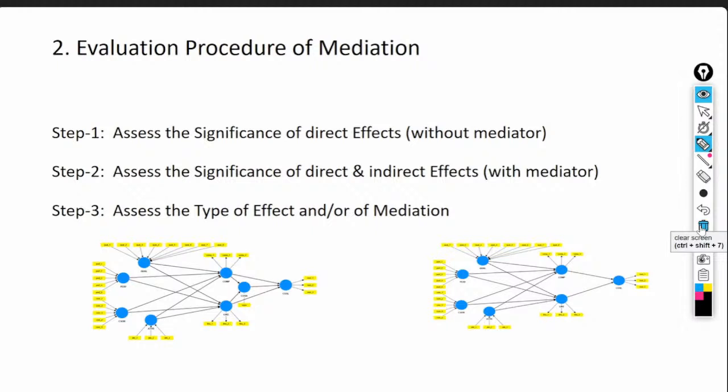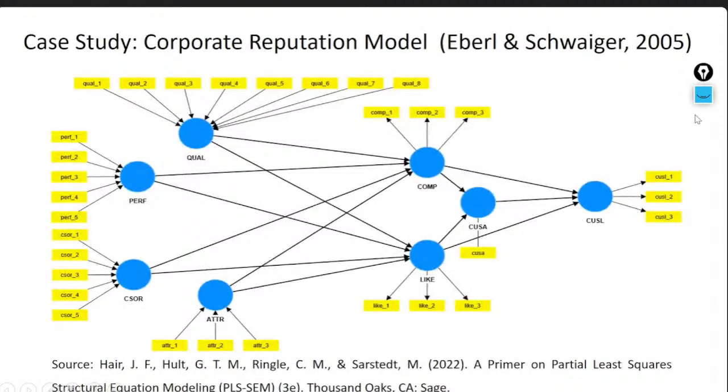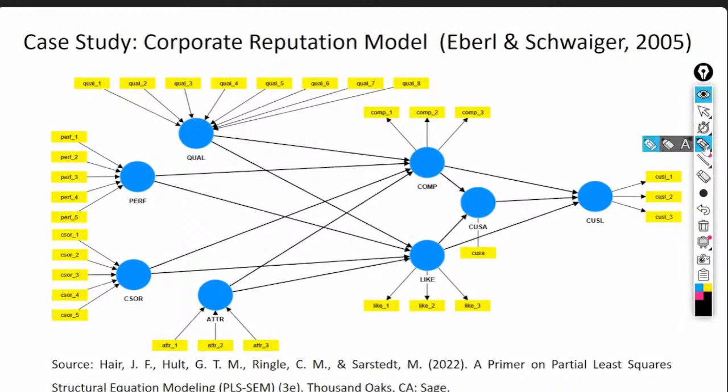Okay. Now the third, the analysis of mediation. This is my model, the corporate reputation model. In the corporate reputation model, this is competence, our independent variable, and customer loyalty, the dependent variable. So first of all, we will check whether the independent and dependent variable relationship is significant or not.